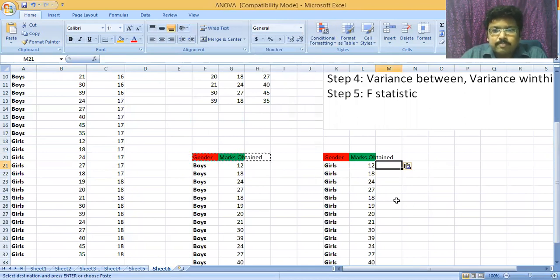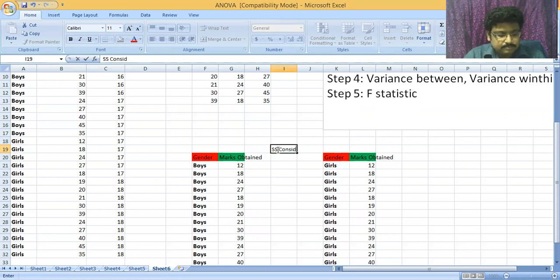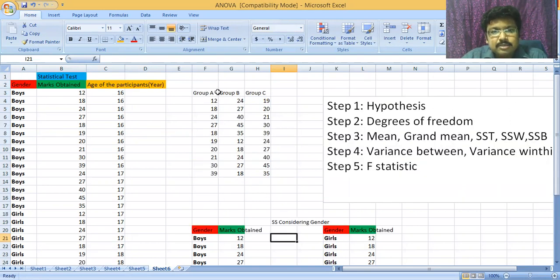In this way we are going to divide, and it can be explained in that way: sum of square considering gender, and sum of square considering age. This is the group I mentioned earlier.